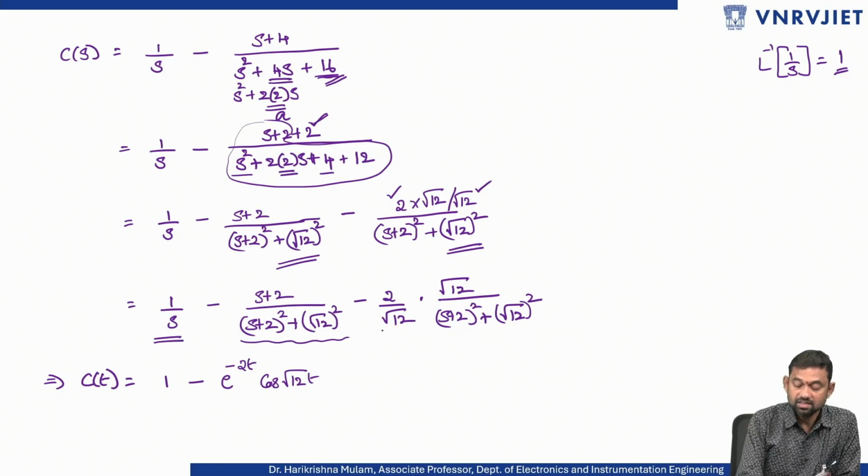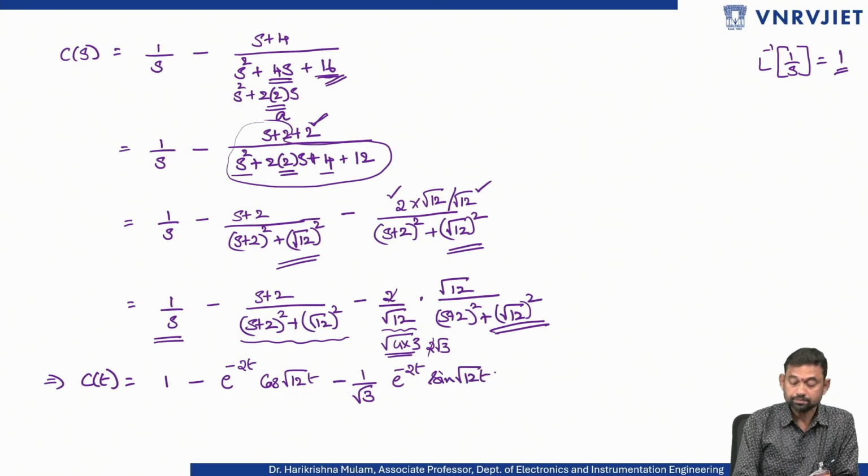Okay, and this root 12 can be written as square root of 4 into 3, which in turn can be written as square root of 4 is 2 into square root of 3. The 2 gets cancelled, therefore left over is minus 1 by root 3, and the inverse Laplace transform of this is e power minus 2t sine square root of 12.